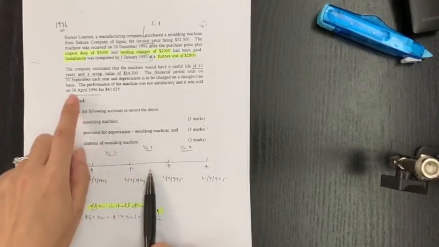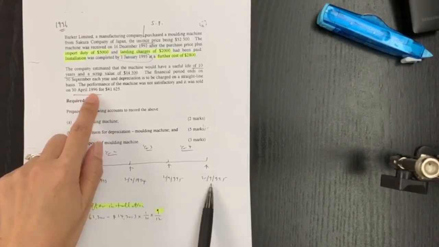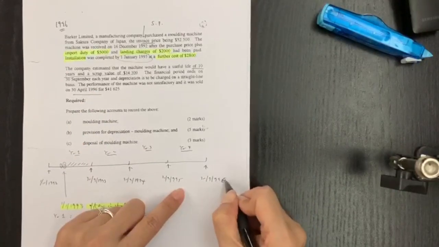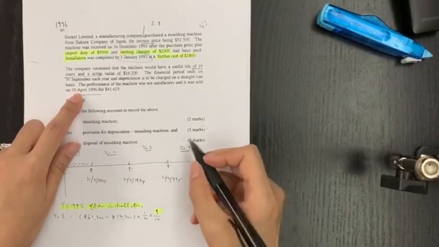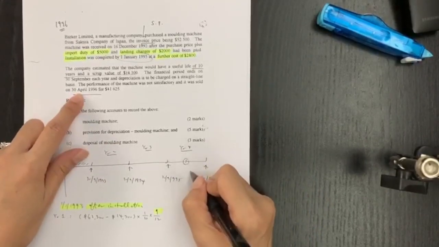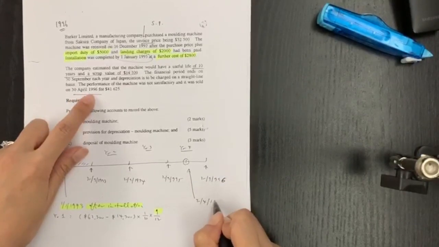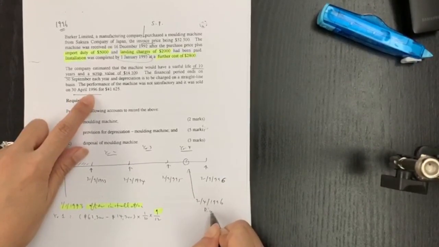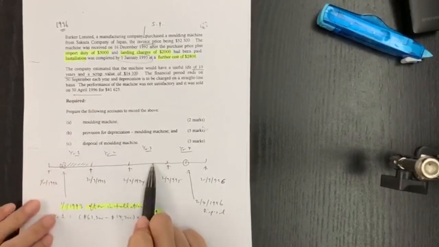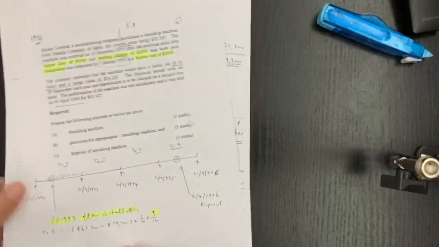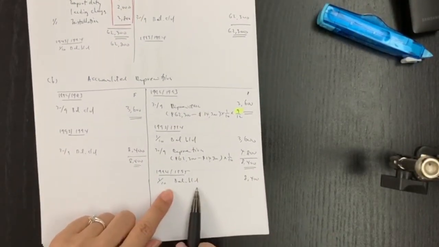Since the disposal happened on 30th April 1996, I extend my timeline here up to 30th April 1996. The disposal happened in 1996, but now we still need to continue everything in year 3.